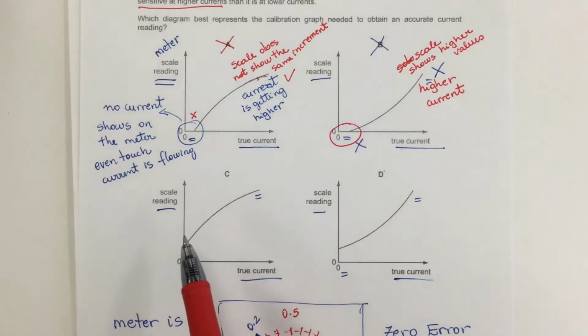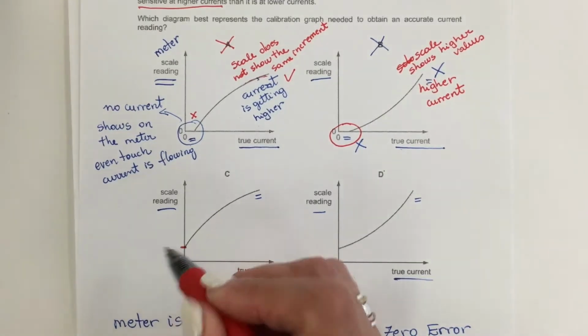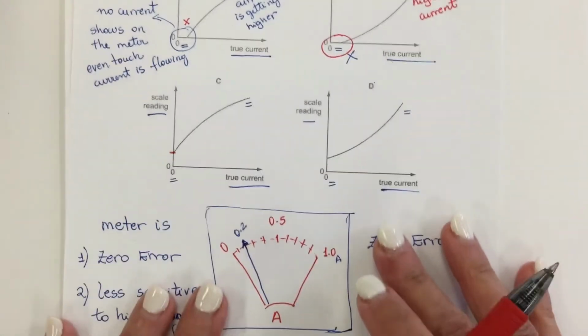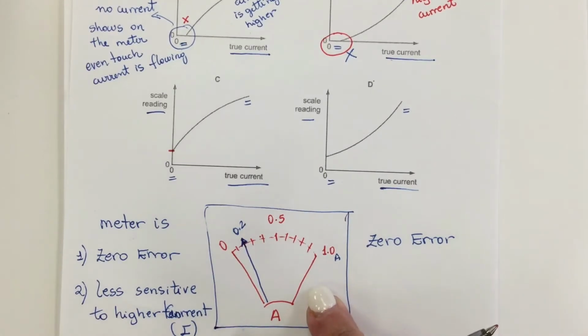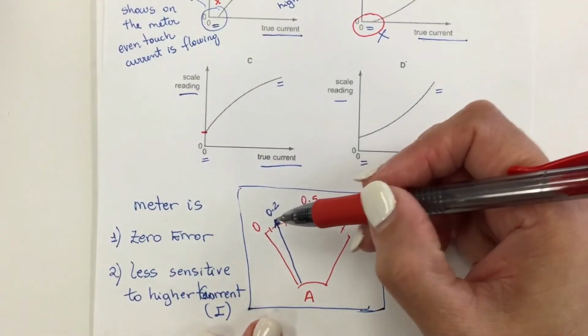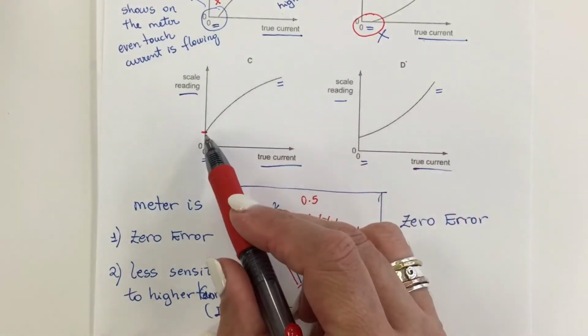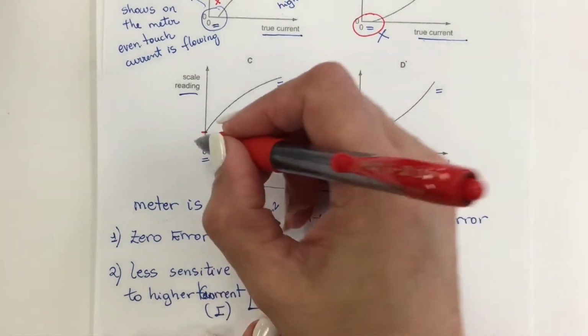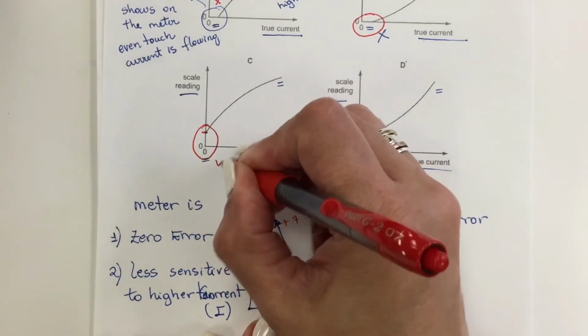Now let's take a look at graph C. Graph C shows a reading on the scale, even though we have no current. Current here is 0, but it's showing already a value here, which is correct because this meter has a problem with the zero error. So there is a value here, even though there is no current flowing. So this end is correct.